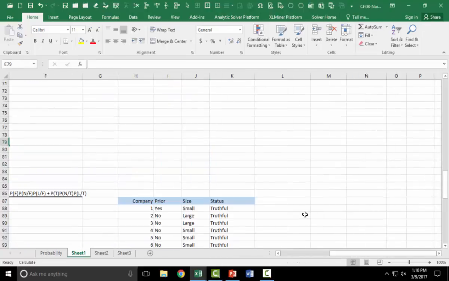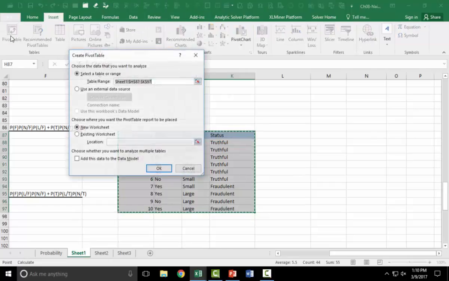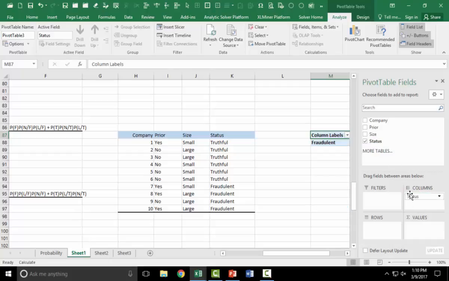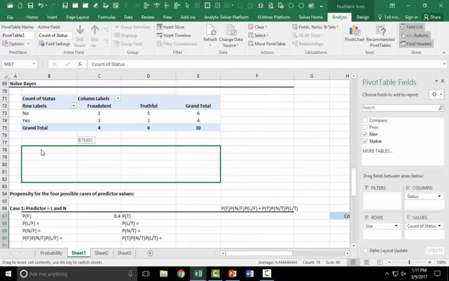And we want one more table. Let's put it here first, and then we will move it. Status goes in the column, size, and status again for values. Then we'll move it right there.